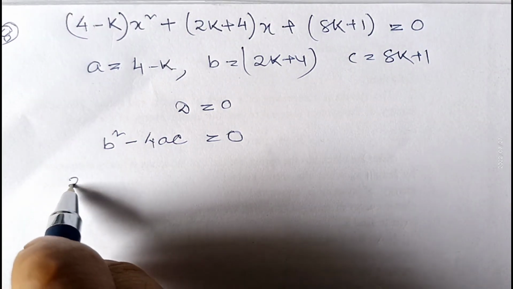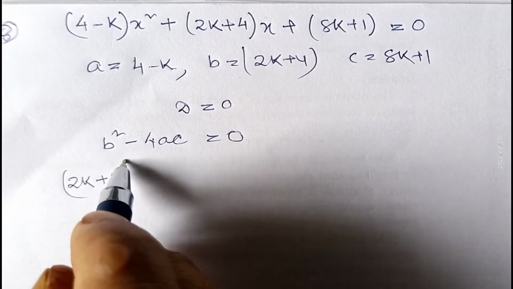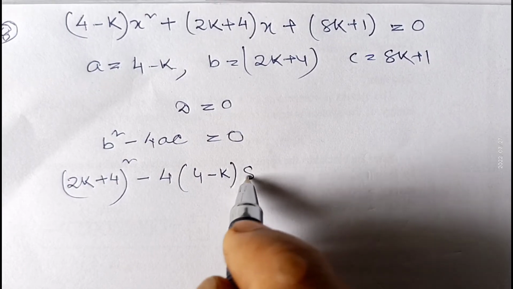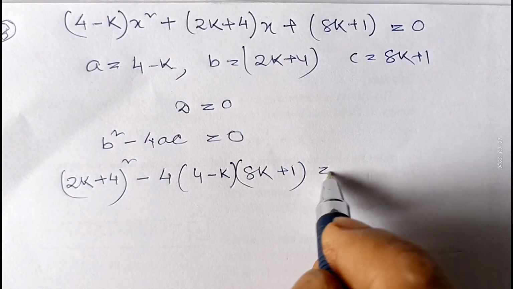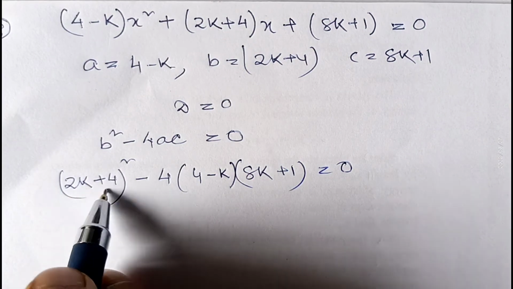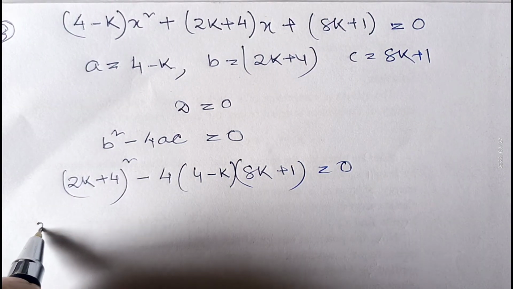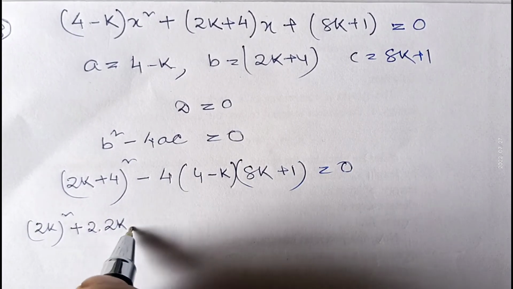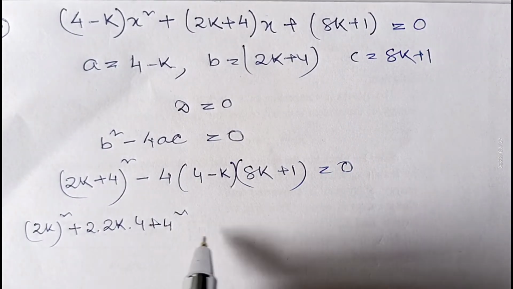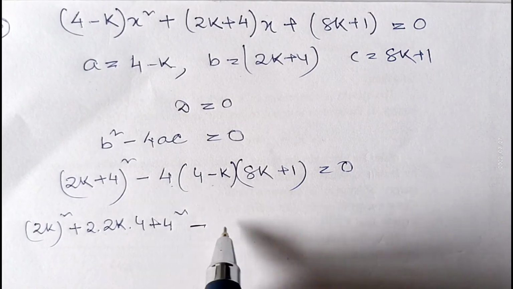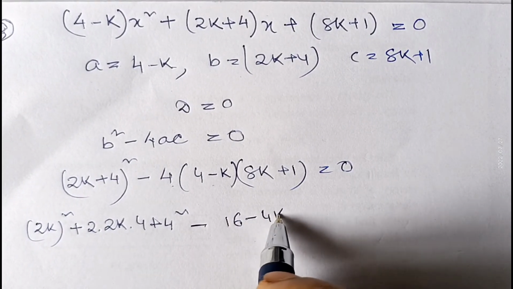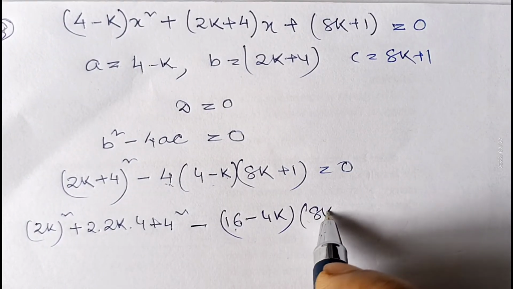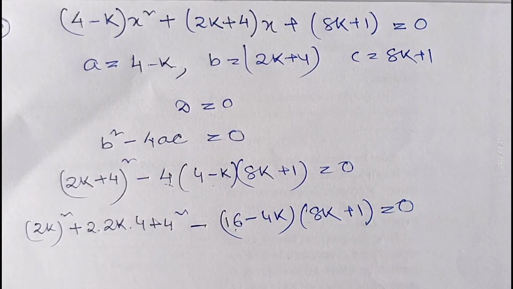Now b here is 2(k plus 4) whole square minus 4a into c, equal to 0. Here, applying (a plus b) whole square, it will be (2k) whole square plus 2ab plus b square, minus 4 into (4 minus k) into (8k plus 1) equals 0.